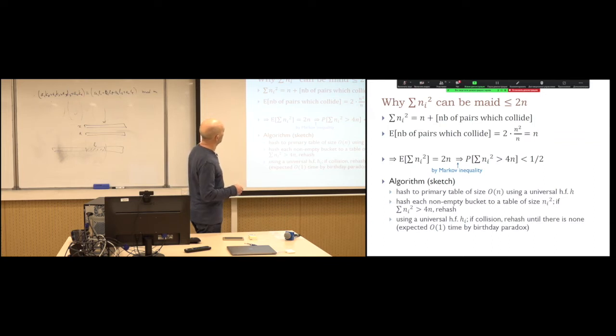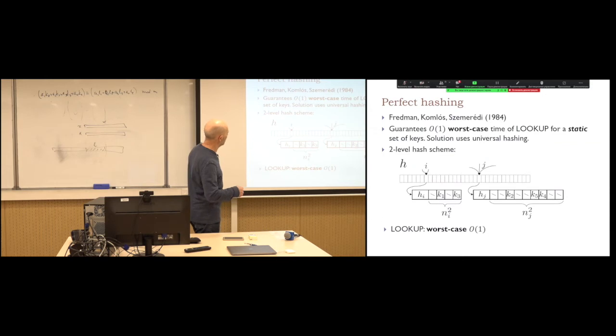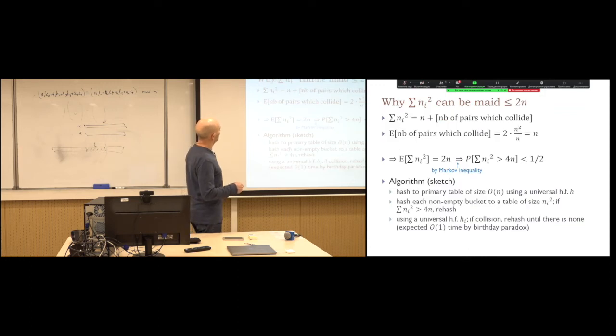So what is the expected size? What is the expected total size of these second level hash tables? So the expected total size is this sum of squares of ni's, right?